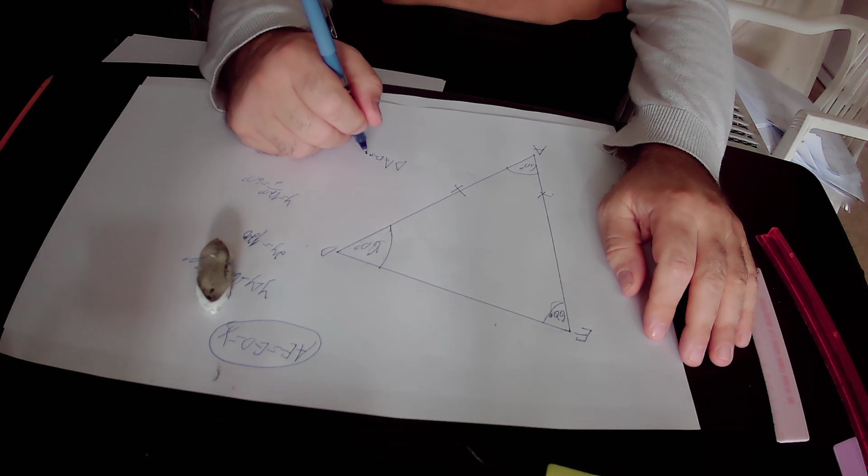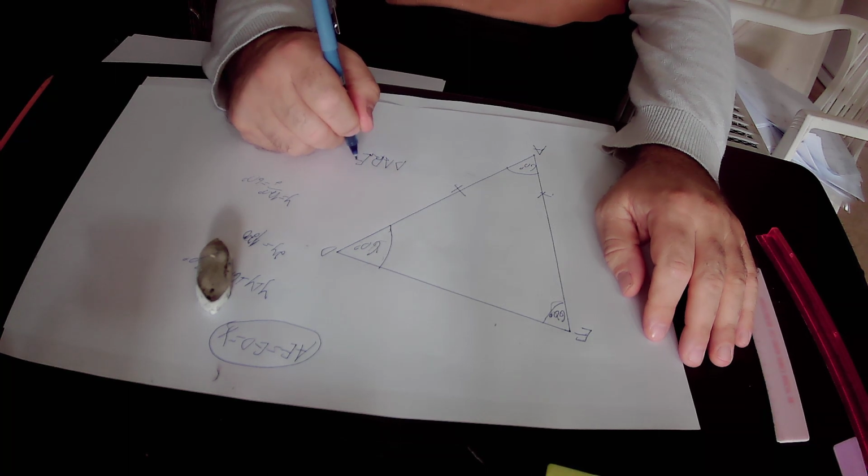Triangle ADE is an equilateral triangle.